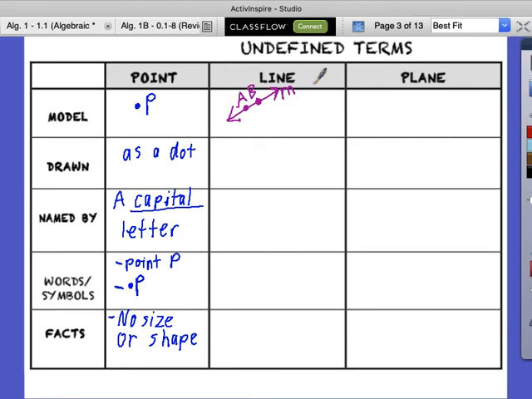And we're going to talk about why this is in a moment. So this is drawn w/ (w slash means with; you can write out with if you want, though this is shorter) arrowhead at (you can write out at or put the at symbol, either is fine) each end. So we put an arrowhead on each end.